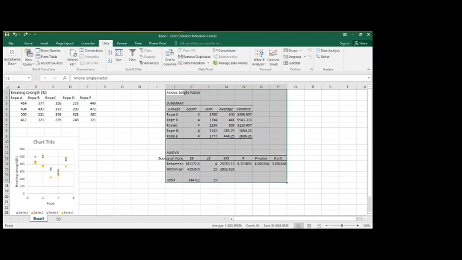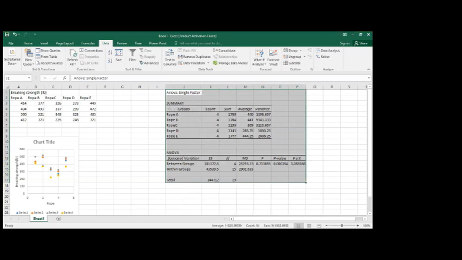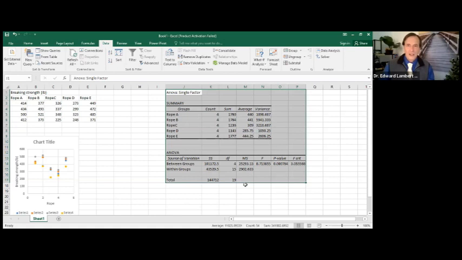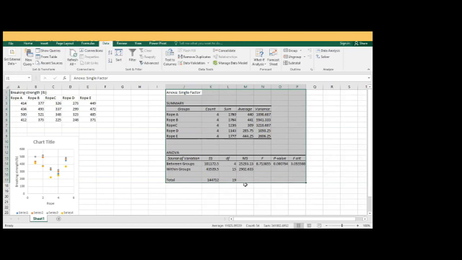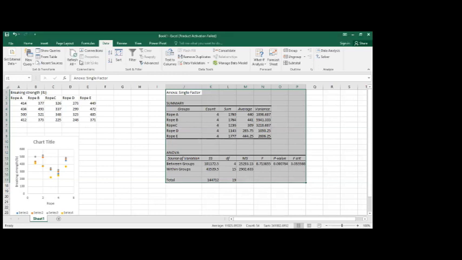Yes. Usually what I find most useful is the p-value. In this case, we find a p-value of 0.0000764, which is less than our alpha of 0.05, the level of significance. Right?